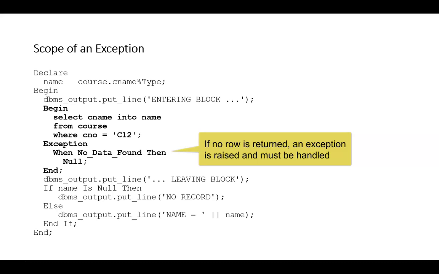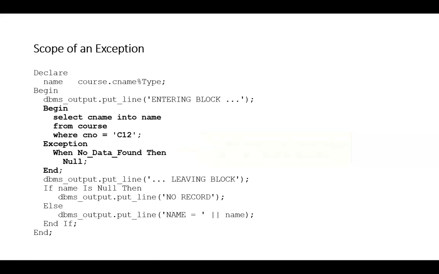However, we've intercepted the exception and the error is not returned to the user. It is as though no error occurred. Note that this is something that should be done only if the error is an allowable condition. For example, if the error was divide by 0 and we intercepted it and did nothing, the user would never know that an error had occurred. So we want to use this technique with great care.